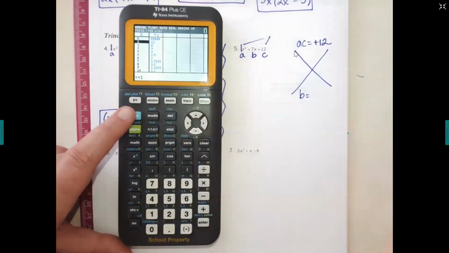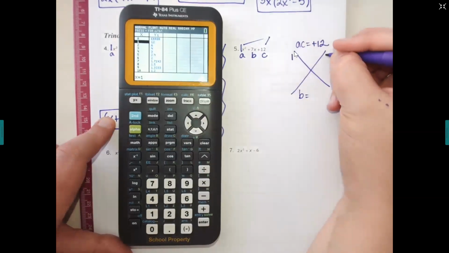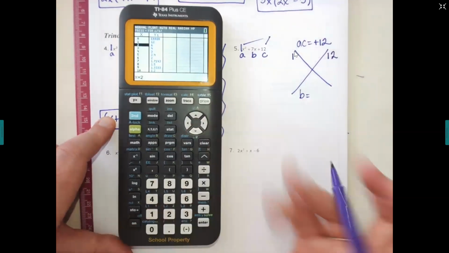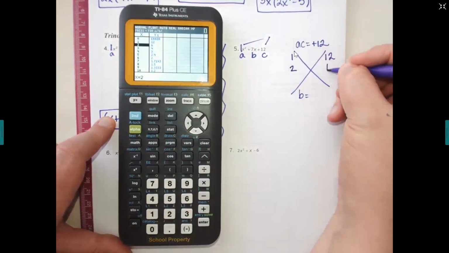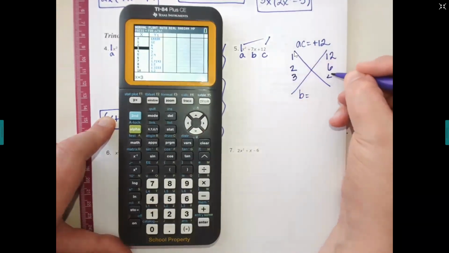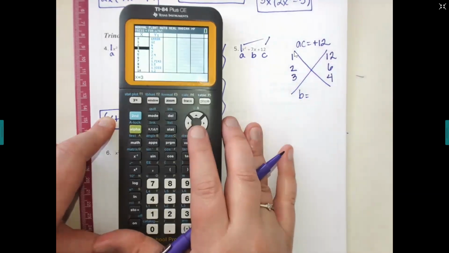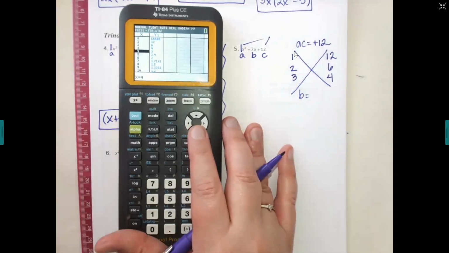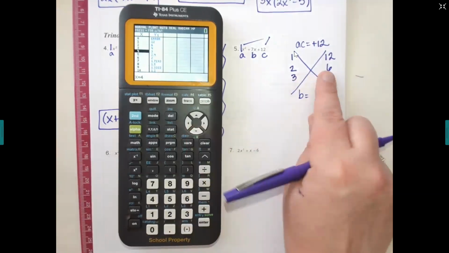So for example, here I have 1 and 12, 2 and 6. Next one is 3 and 4. And then what comes after 3 and 4? 4 and 3, but that's a repeat. 6 and 2, yep.